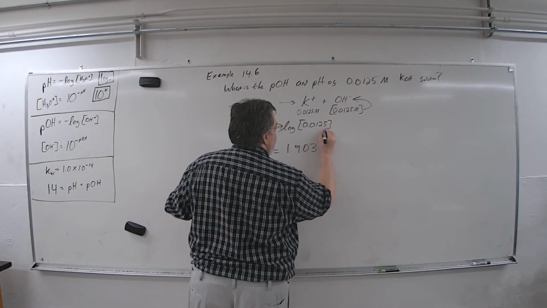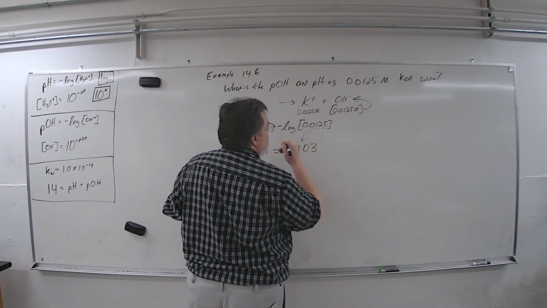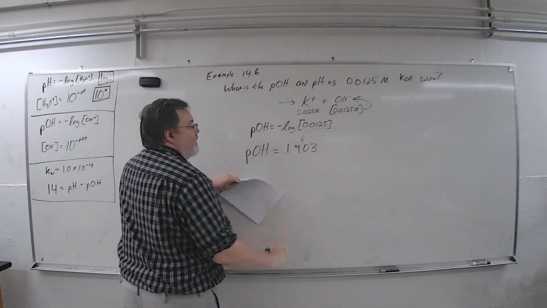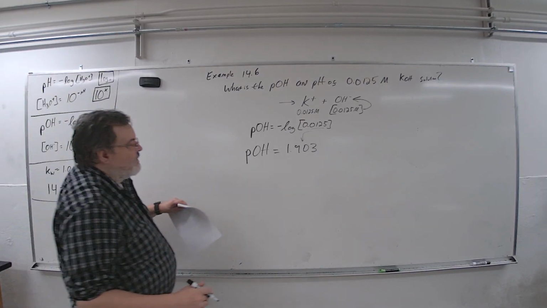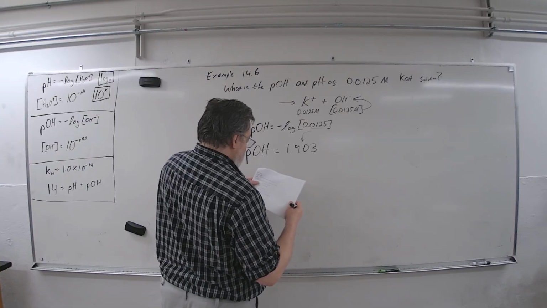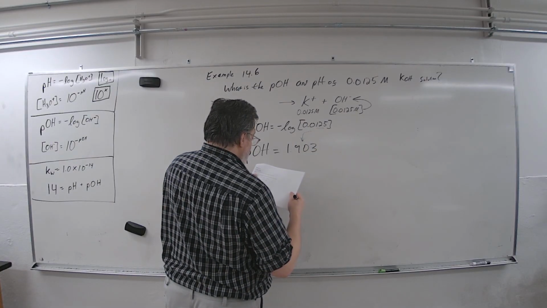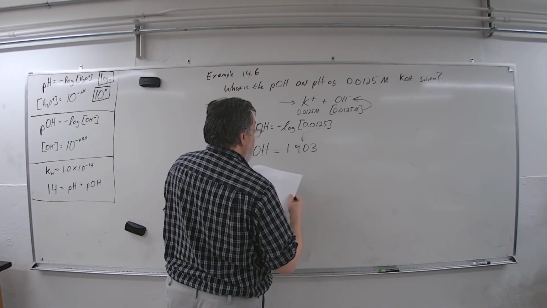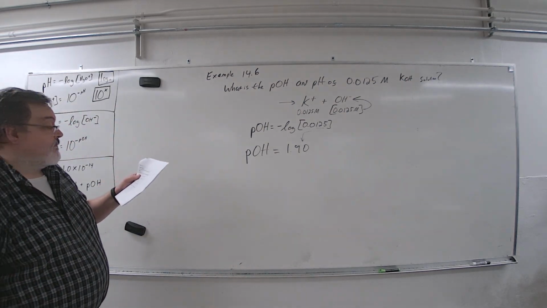This is 4 significant figures, and that's why I'm keeping 4 here. Or no, this is 4 after the decimal, and that's why I'm keeping 4 here for the OH-. 0.0125, that's 3 significant figures. So they did it wrong, don't they? I think they should have just done that. Anyway, that's what example 4.6 says.